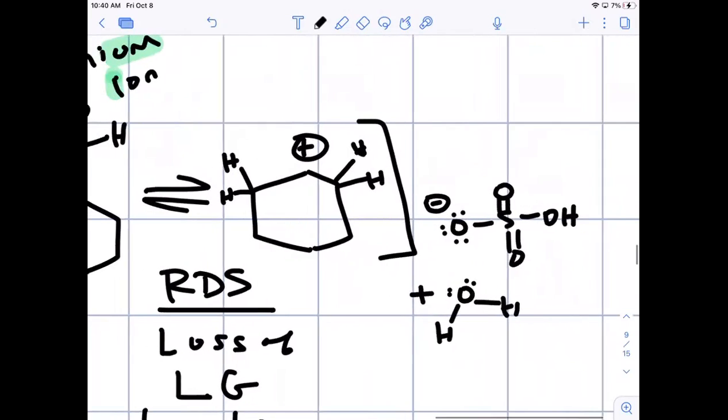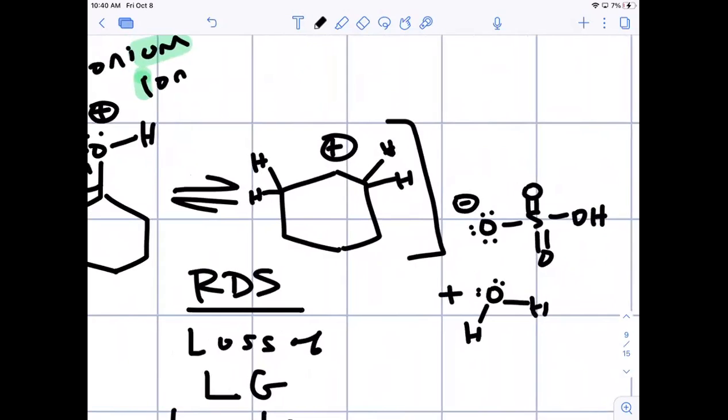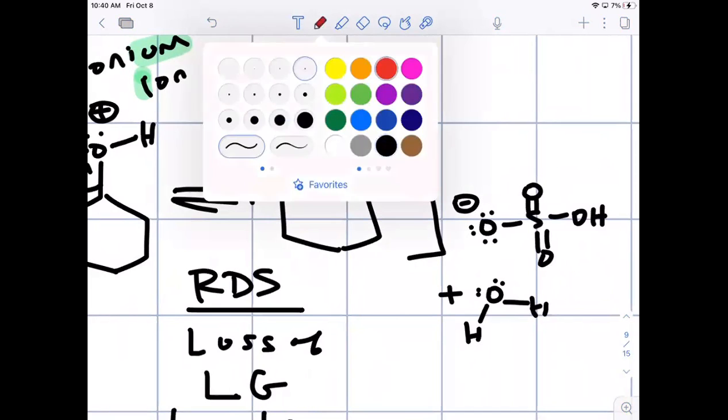So you got the conjugate base of sulfuric acid plus water. Both of those can act as a base. So there's no external base necessary, but in order to do proton transfer, something has to act like a base. So it can be either one of those, right? The simplified version is just to use the conjugate base of sulfuric acid, right? So let that do your proton transfer in the second step.